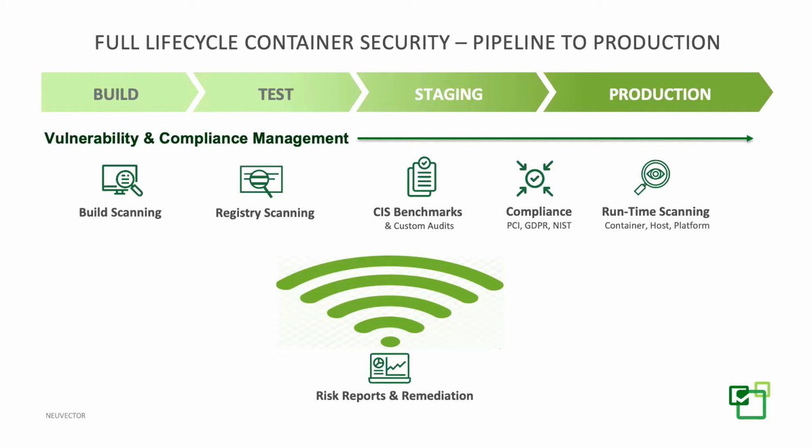Now, one of the biggest challenges is to figure out, well, I've got 500 vulnerabilities that I've discovered everywhere in containers and on hosts. Which are the most critical ones that I should pay attention to? And so that's where we produce these risk reports and help you do the remediation.